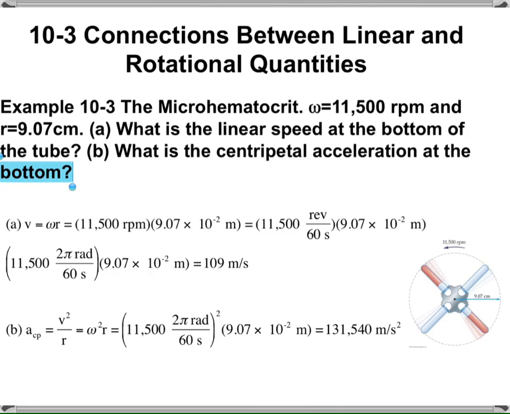If you divide this by g, let's take g as 10, you will appreciate the largeness of this acceleration. It is around 13,000 g, 13 times 10 to the 3.